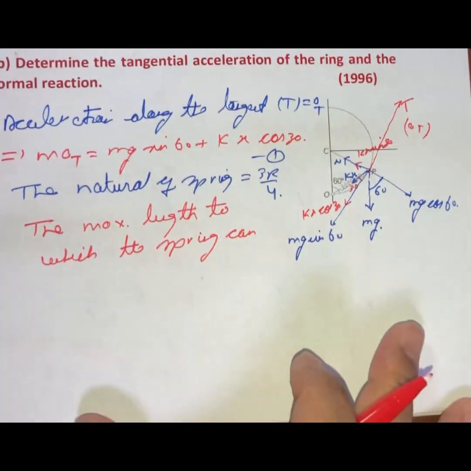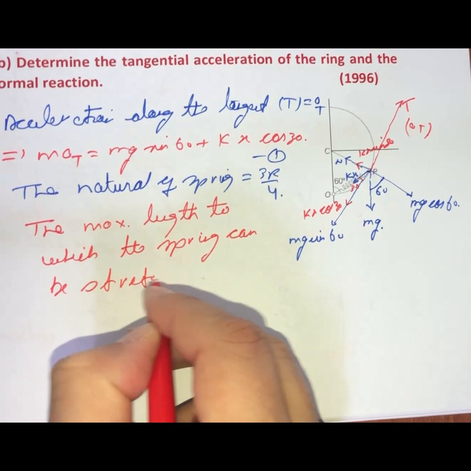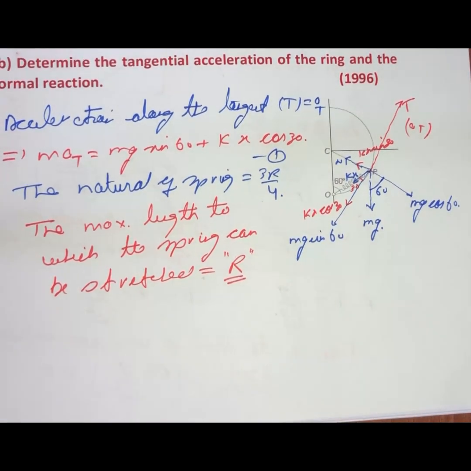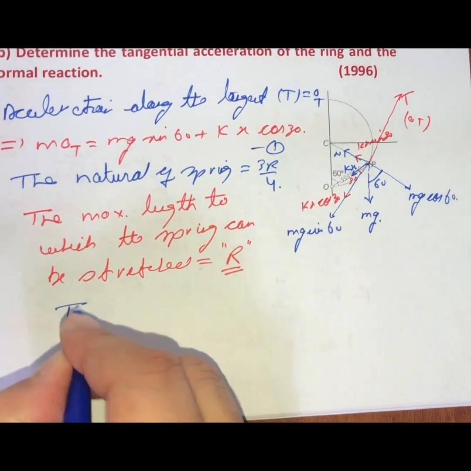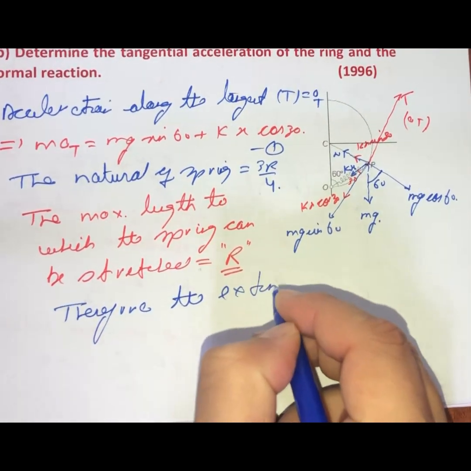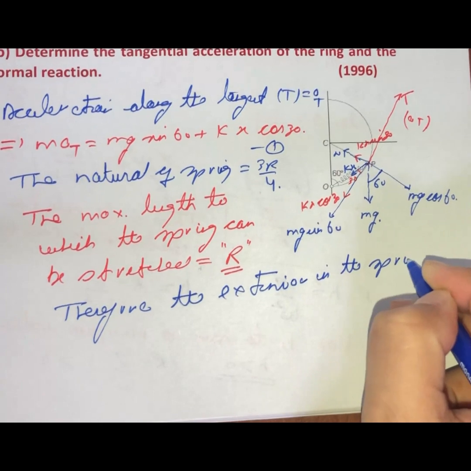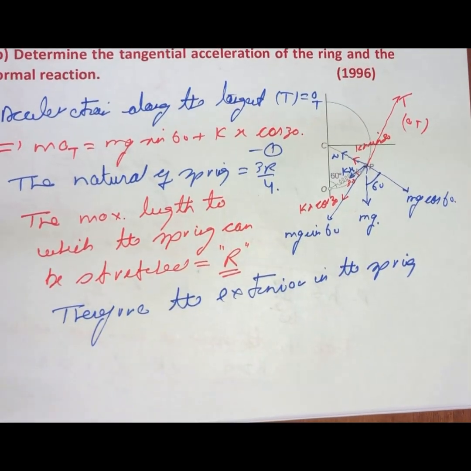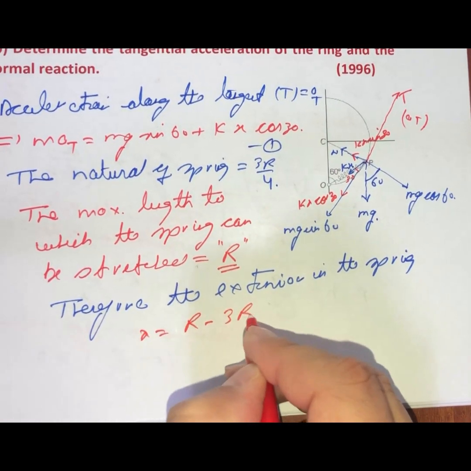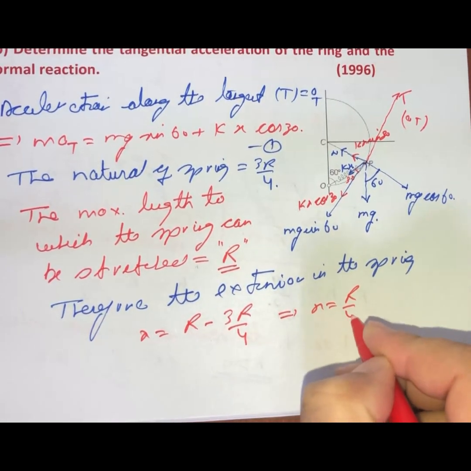Therefore, the extension in the spring, which is equal to x, will be equal to r minus 3r by 4. So this gives us x is equal to r by 4.